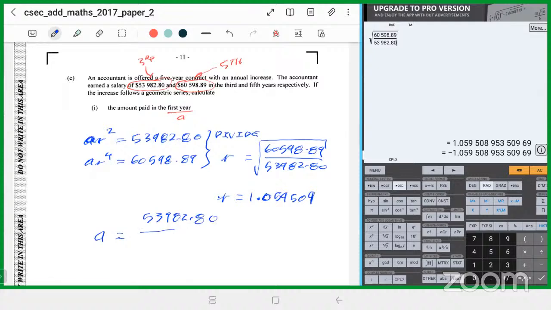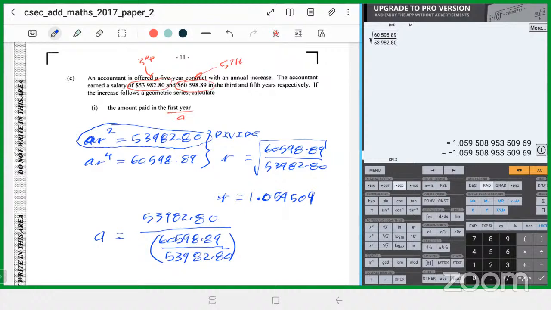53982.80 over r squared, which is now this. So I'm getting back the 60598.89 over the 53982.80. So what it is really is that if you square this, right?